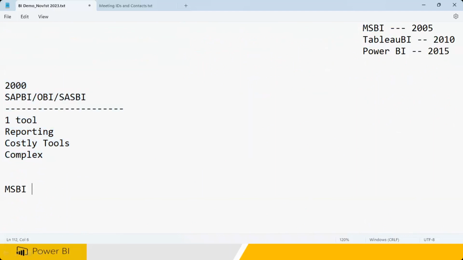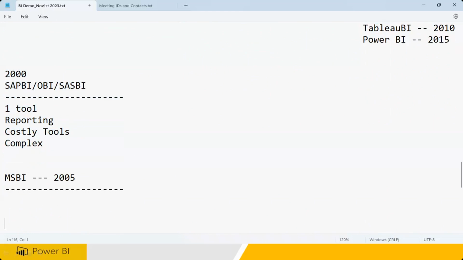Microsoft released MSBI in 2005. Here Microsoft says you don't take only one tool, I will give you three tools: SSIS, SSAS and SSRS. SSIS is an ETL tool, SSAS is a cubing tool, and SSRS is a reporting tool.